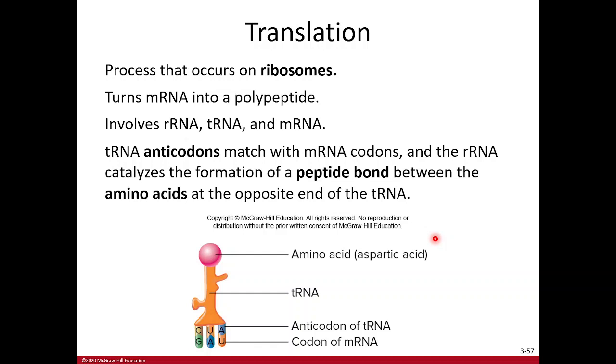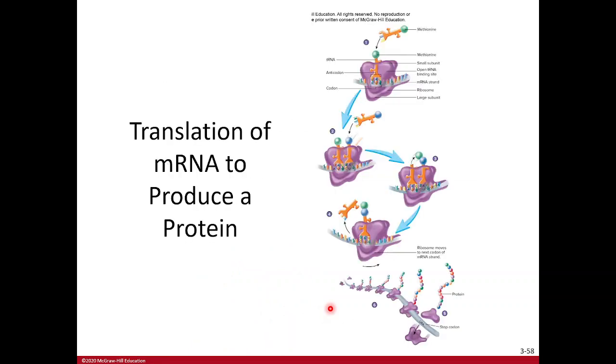The transfer RNA will have an end called the anticodon, that is going to bind to the codon of the messenger RNA, and it's going to bring a specific amino acid, like in this case aspartic acid. And then you will form these peptide bonds between these amino acids and the nascent polypeptide.